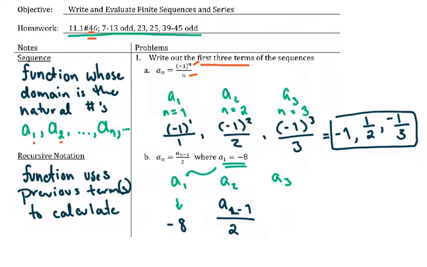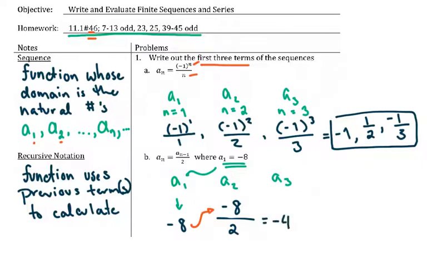And so then we can say, okay, well, this would be -8, plugging in here. And so then a sub 2 is -4, because it's -8 over 2.